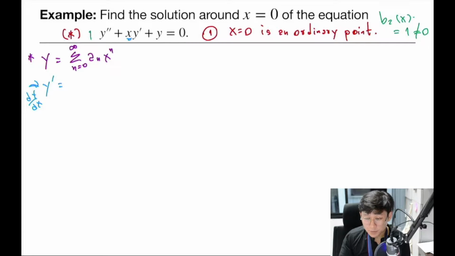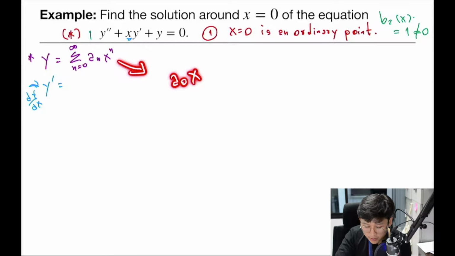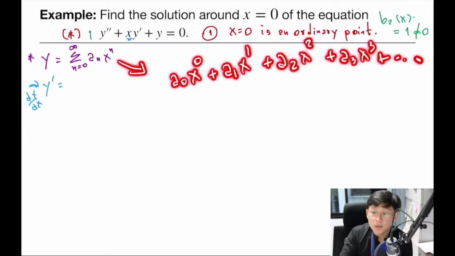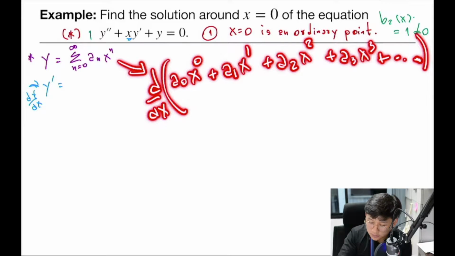You know that this is actually a0 x to the 0 plus a1 x to the 1 plus a2 x to the 2 plus a3 x to the 3 plus and so on. And if you want to differentiate, you can differentiate it term by term.